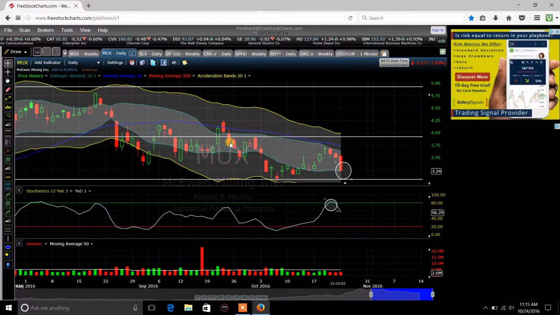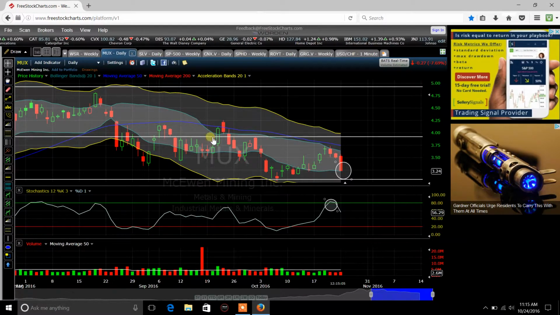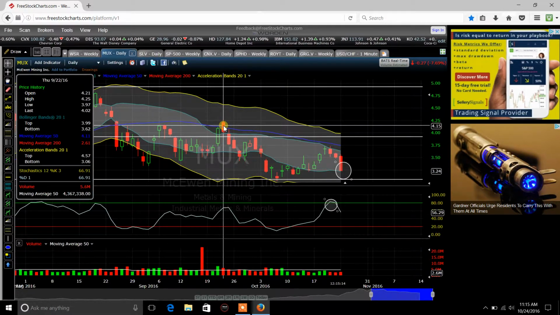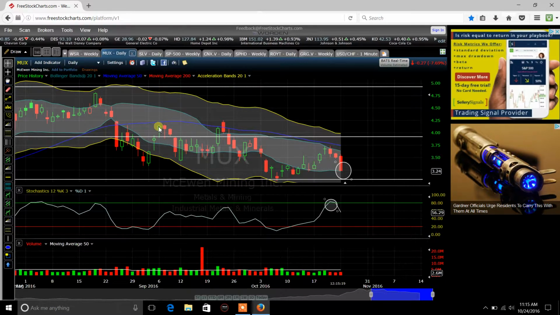If you notice, dating back from August 24th to September 22nd, for example, anytime the price came back up, it never really shot over this blue line, the 50-day moving average. It did once, but it was acting as resistance, so it came right back down.